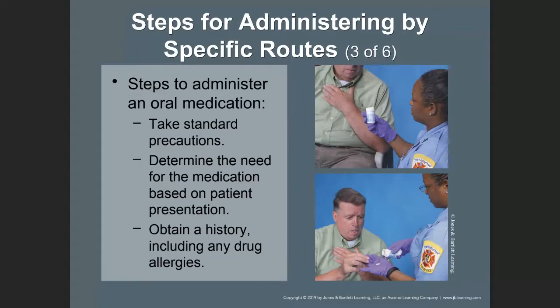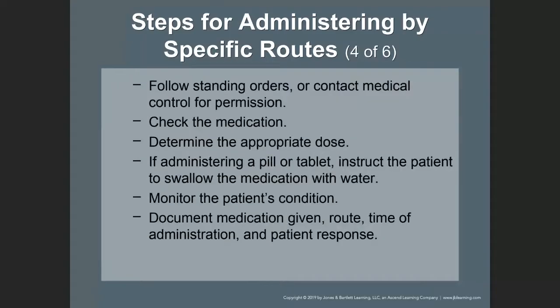Follow standing orders or contact medical control for permission, check the medication, and determine the appropriate dose. If administering a pill or tablet, instruct the patient to swallow the medication with water, monitor the patient's condition, and document the medication given, route, time of administration, and patient response.